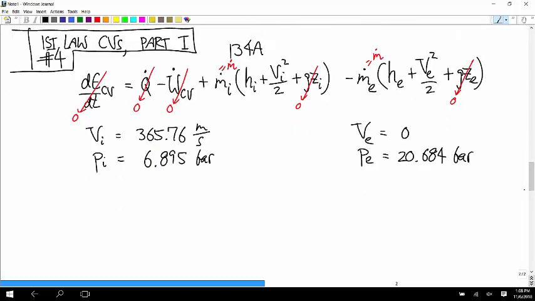Our simplified equation, now that we've eliminated everything that we can, says, well, you can divide everything by m dot, and you just end up with an equation that says, you can write it as h inlet minus h exit is equal to 1/2 times V exit squared minus V inlet squared. We're ignoring that. It says that's negligible. And so we know this.